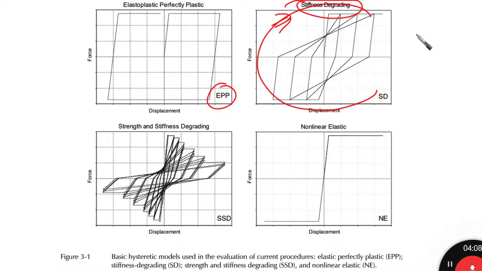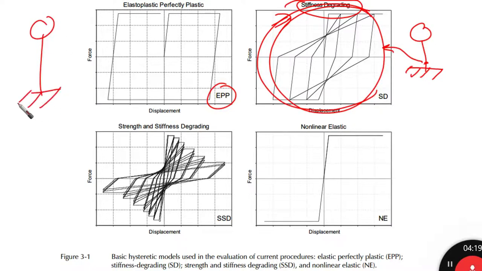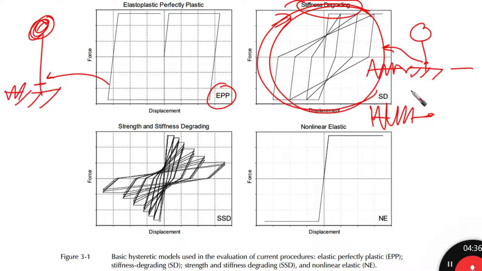We have one single degree freedom system, and we modeled the hysteretic rule to be similar to this, and we have another single degree freedom system, and we put the hysteretic model here at the bottom, for example EPP, and we put the same ground excitation for both of them. And then we have done this for 80 earthquakes.